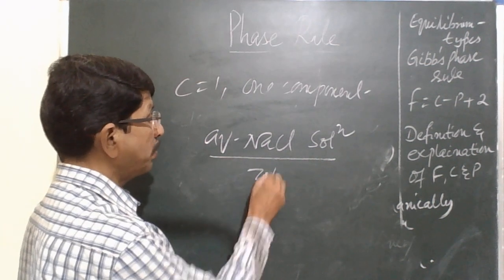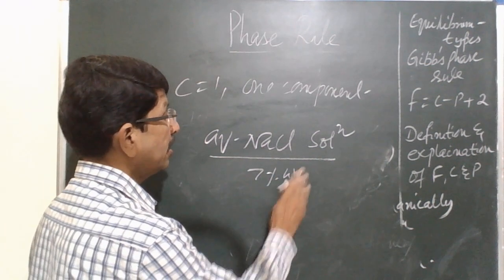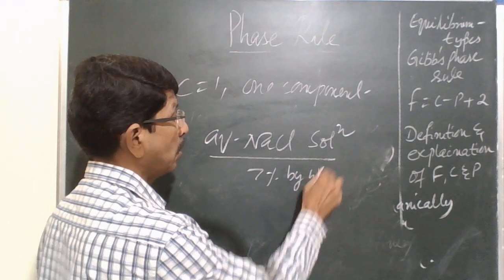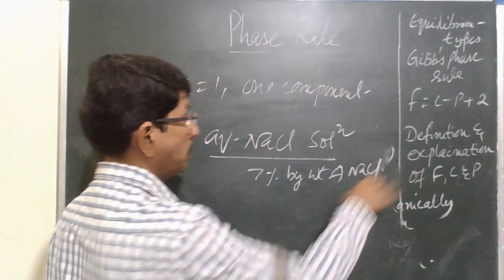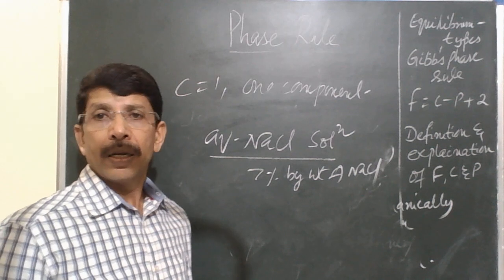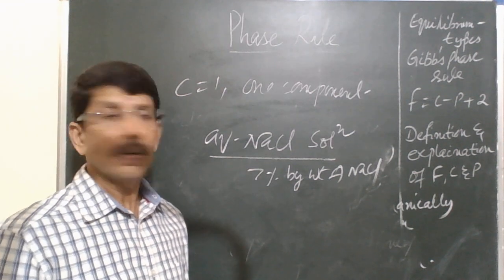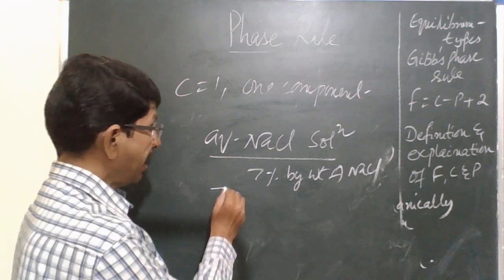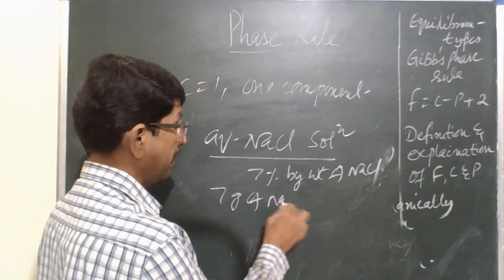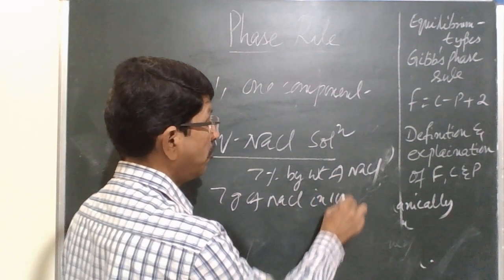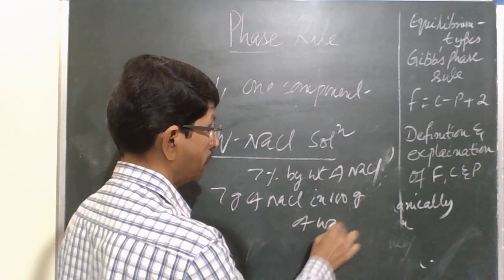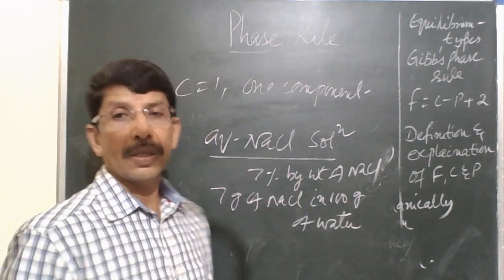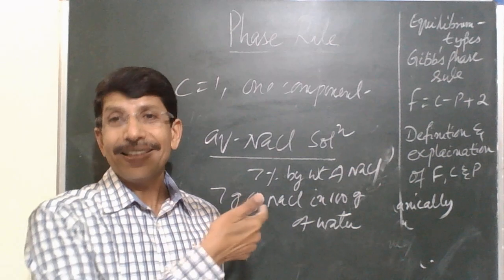I say it is 7% weight by weight, 7% by weight of sodium chloride. In the sense, 7 grams of sodium chloride in 100 grams of water. This is the concentration.